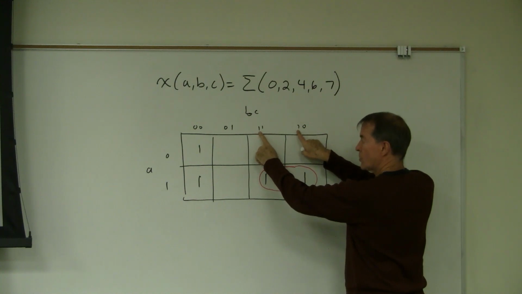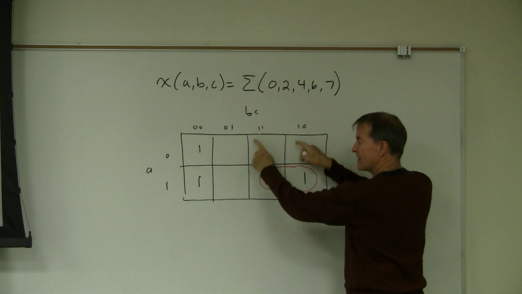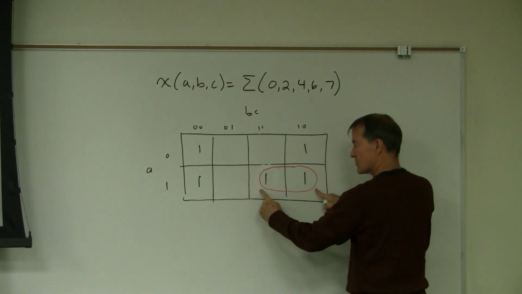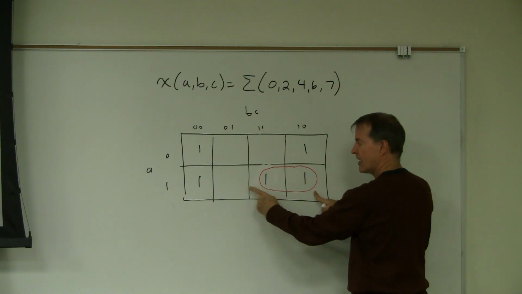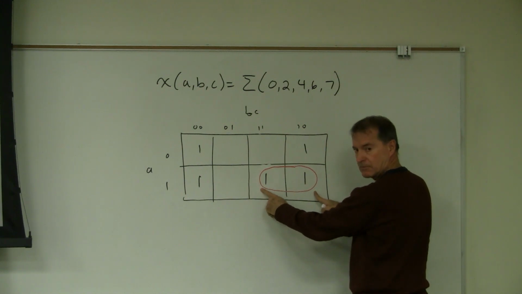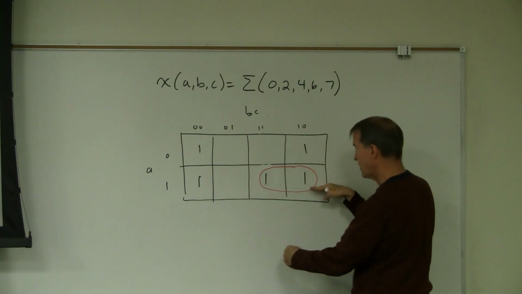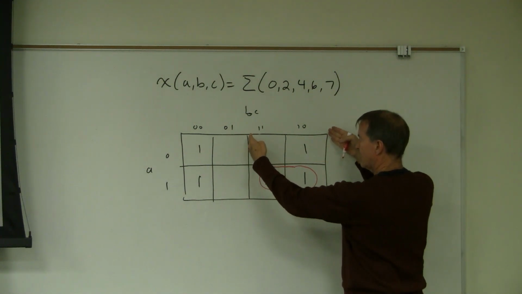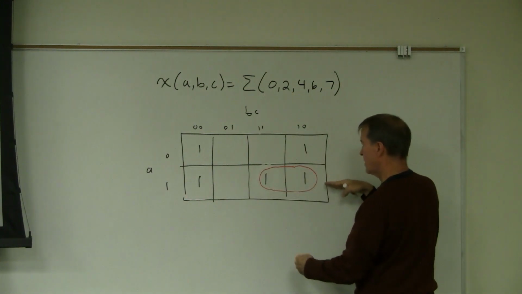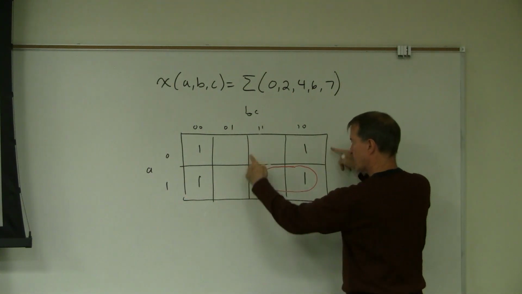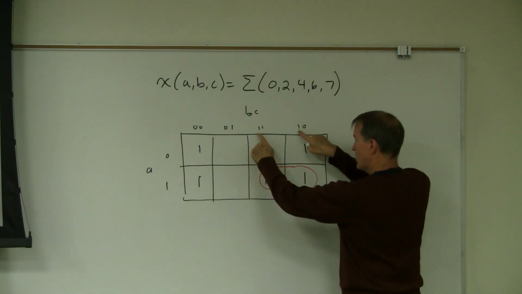So this grouping represents the conjunction AB, the region where A is 1 and B is 1, because the two right columns are where B is 1.